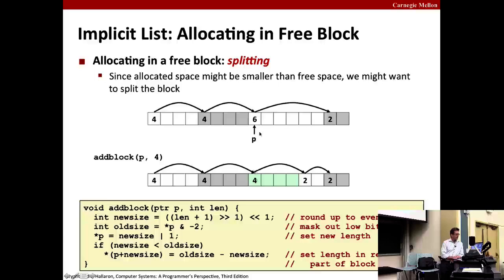This free block actually contains 6 words. So the allocator has to decide whether just to keep this block of size 6 and return that back to the application, or whether to split that block into an allocated block of size 4, which it then returns to the application, followed by a free block of size 2.